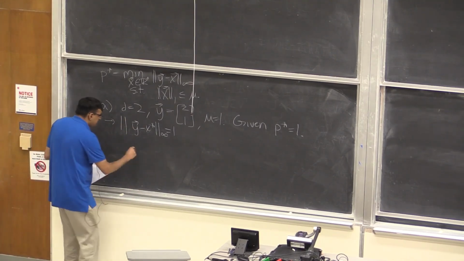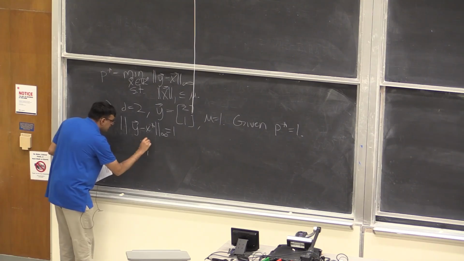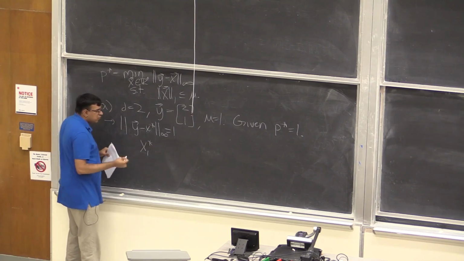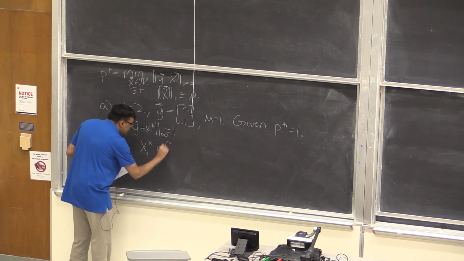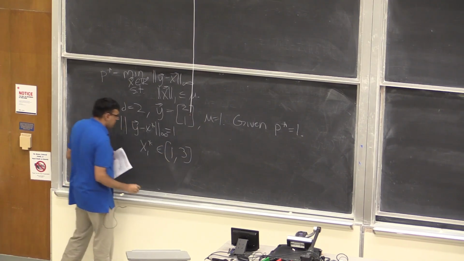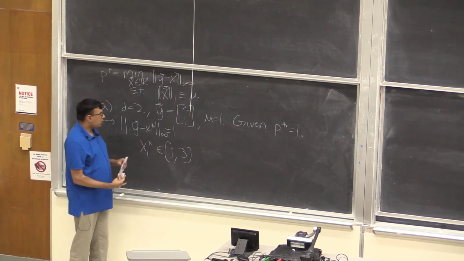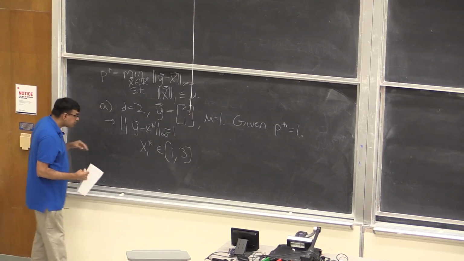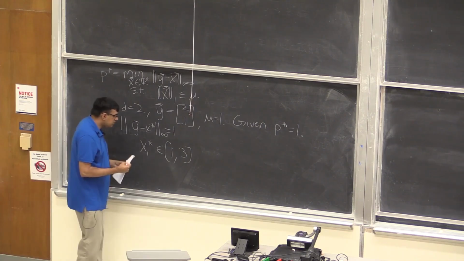In particular, x star 1, the first coordinate, is in the interval 1 to 3, because it cannot be more than one distance away from 2. That's the meaning of the infinity norm constraint.